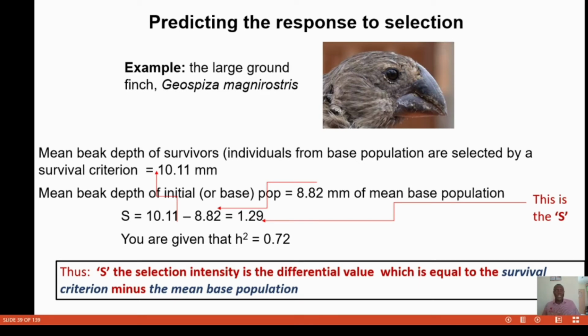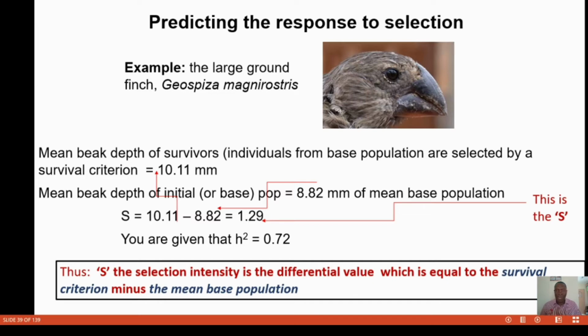So we can progress from this and look at how we can predict the response to selection. We have the mean peak depth of survivors generally, which was 10.11 millimeters.